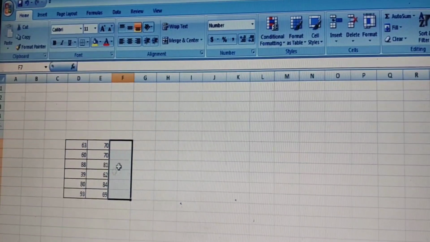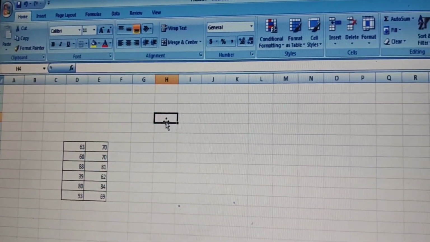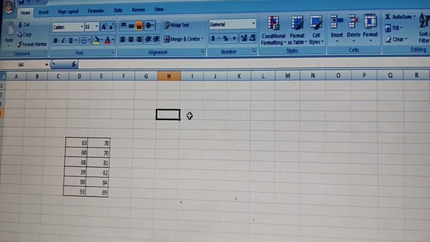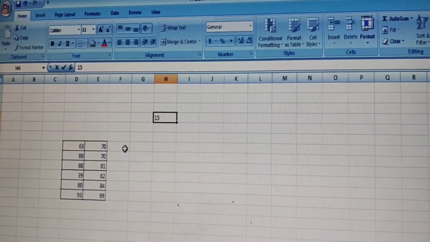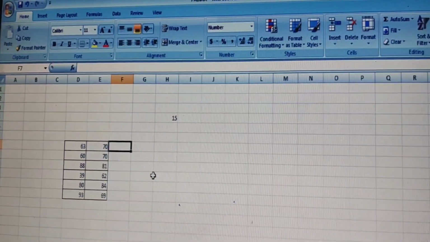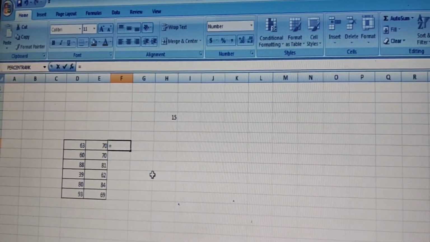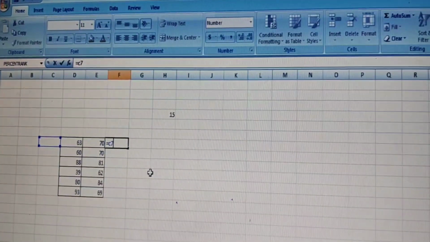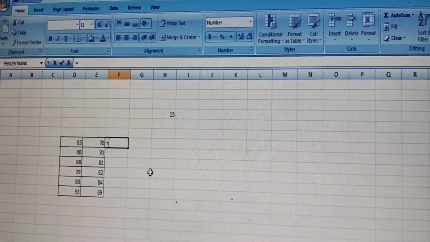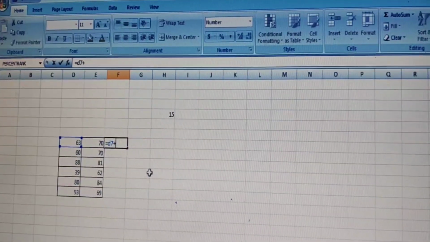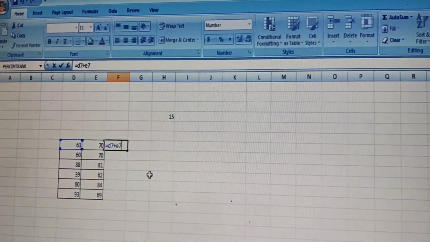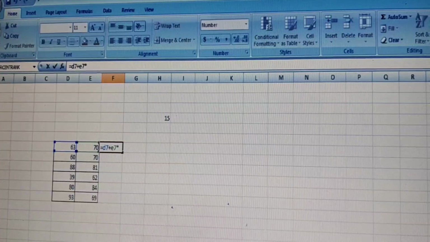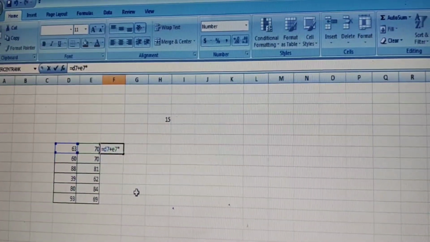Let's consider your absolute cell referencing. In the address of H4, I'll write the content 15, and here I use equal to C7 plus D7 plus E7 multiply H4. The address of this cell is H4.